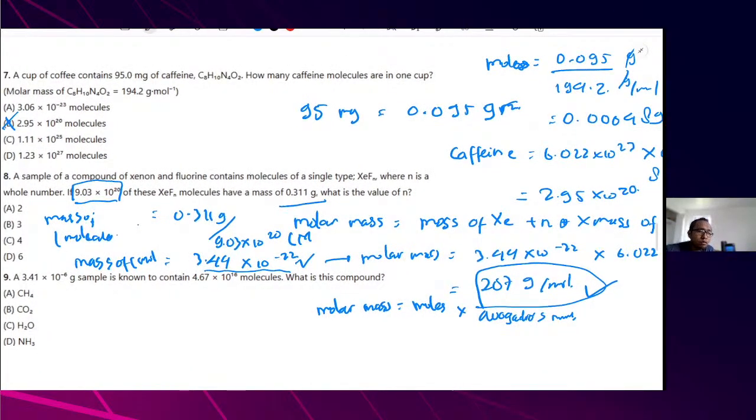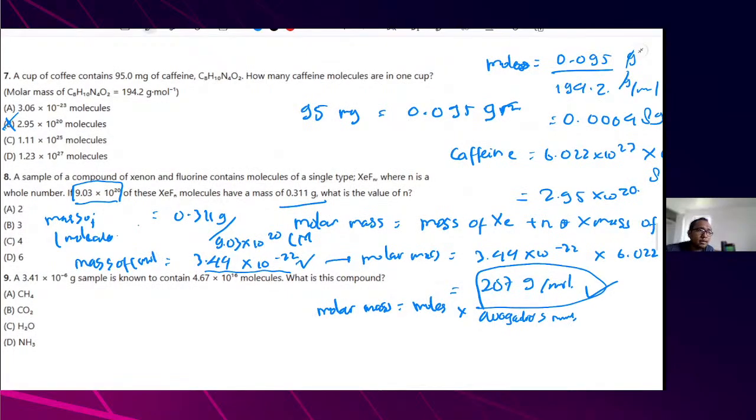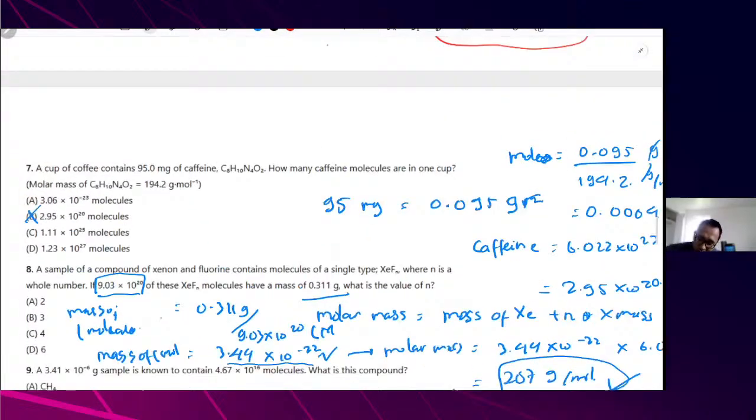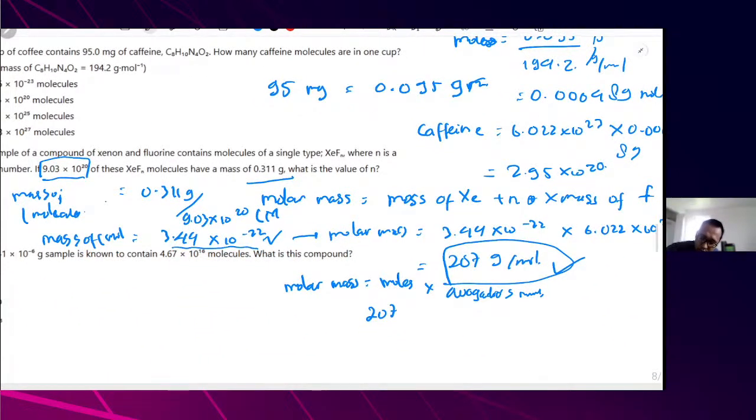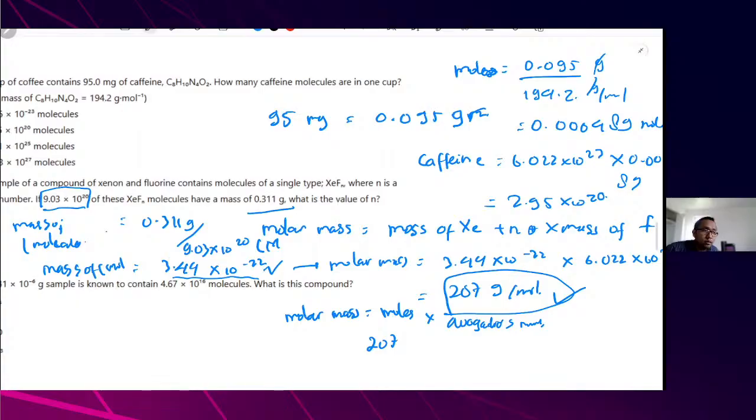Now subtract Xe, which is xenon. Subtract 131.3 from 207. How do we get this? Just take a look at the periodic table for Xe. Then we end up with 75.7.